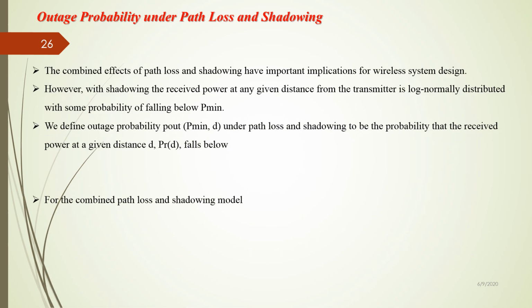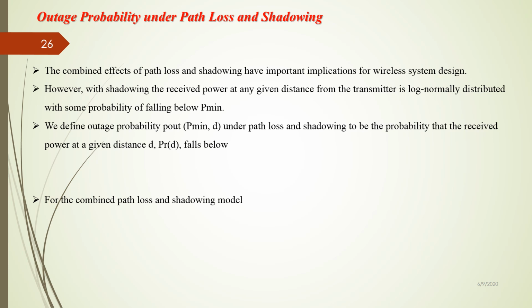Outage probability under path loss and shadowing. Outage probability of the communication channel is the probability that the given information rate is not supported because of the variable channel capacity. The outage probability is defined as the probability that the information rate is less than the required threshold information rate.